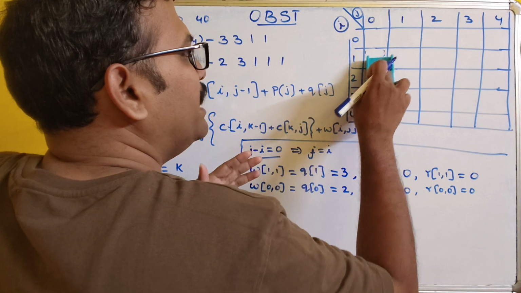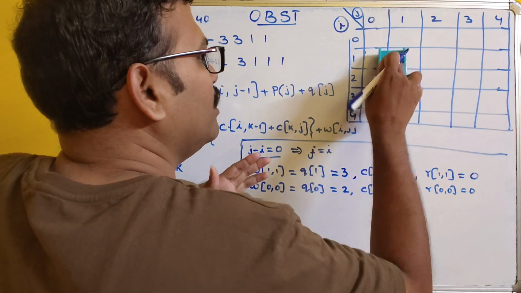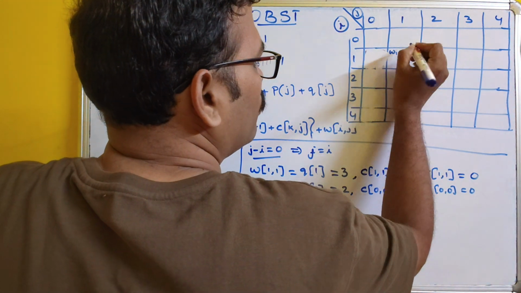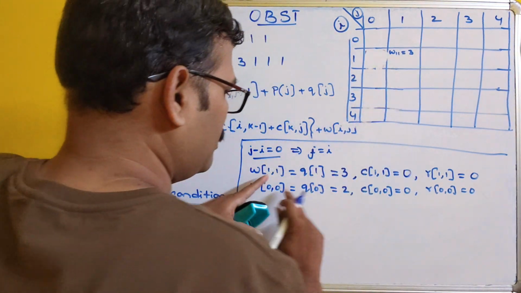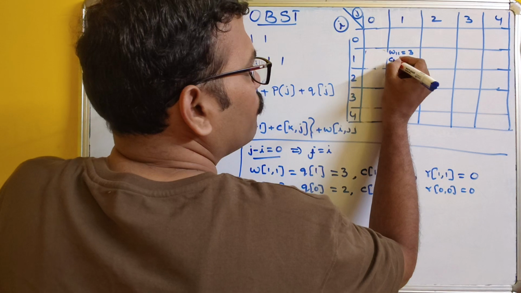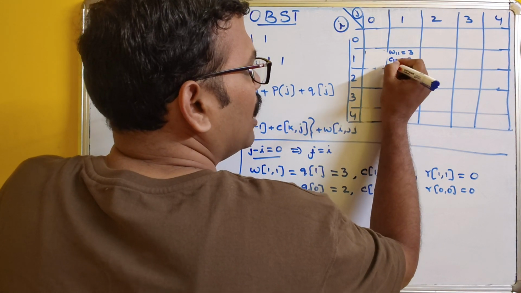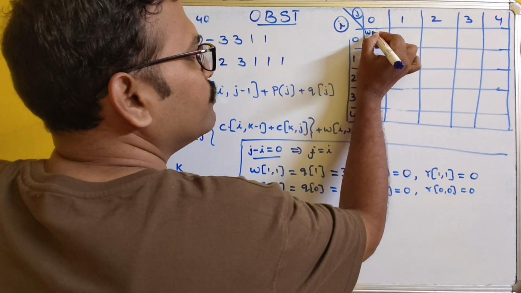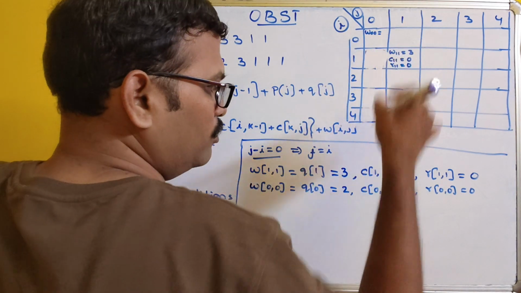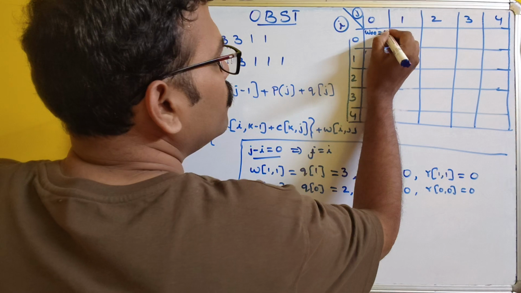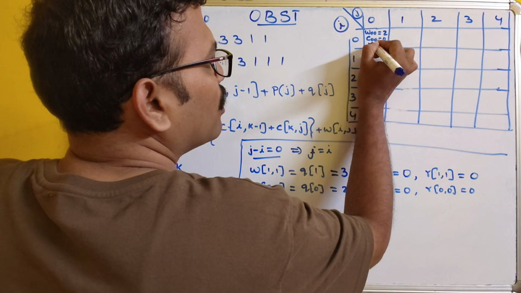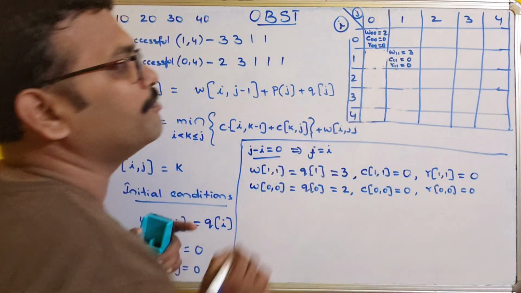We need to update here, not here. So this is the place. W of 1 1 is equal to 3, C of 1 1 is equal to 0, R of 1 1 is equal to 0. And here W of 0 0 is equal to 2, C of 0 0 is equal to 0, R of 0 0 is equal to 0.